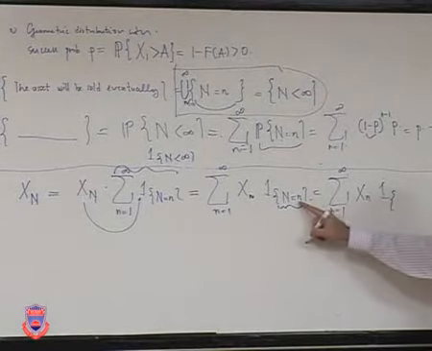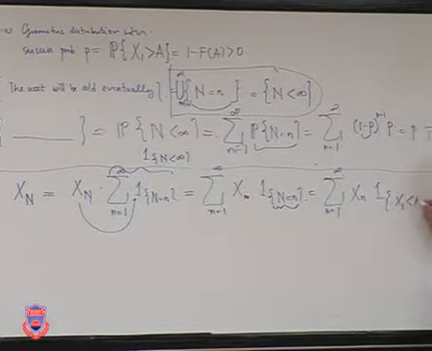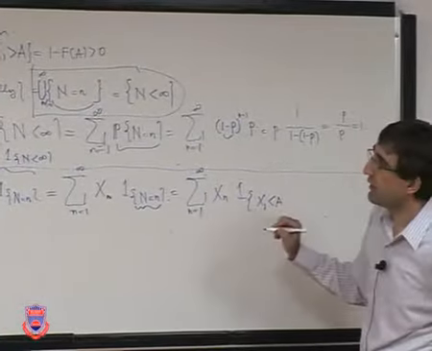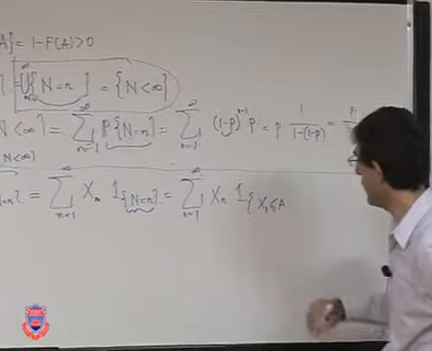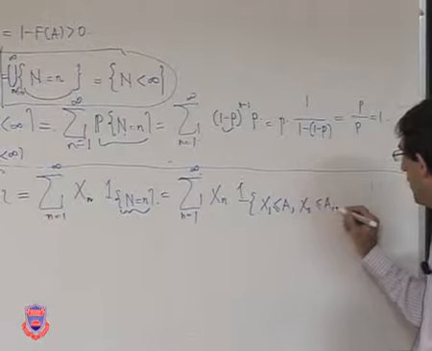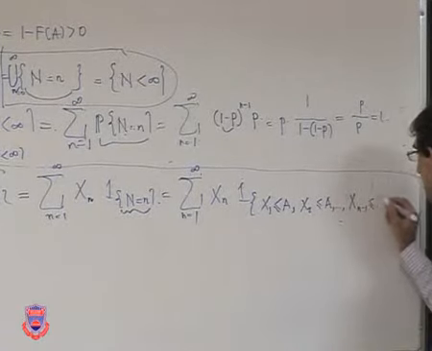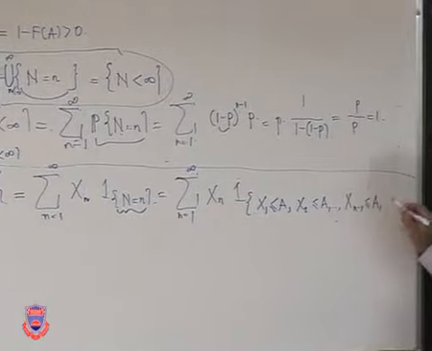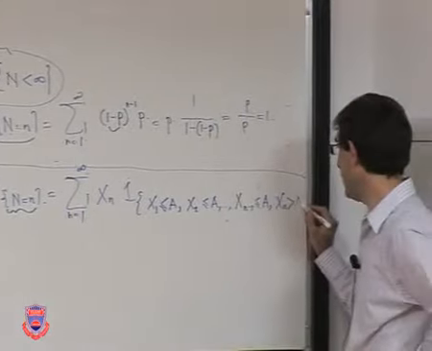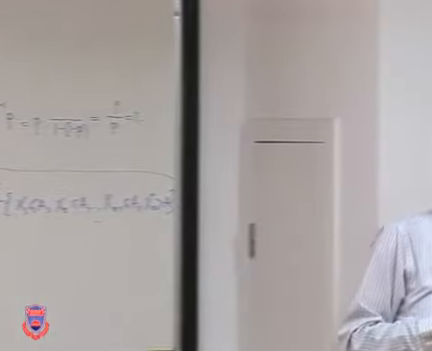So you sold it at time n because at time 1 the bid was less than or equal to a. At time 2, same thing happened. At time n minus 1, the bid was again less than or equal to a, but when time n comes, the bid turned out to be strictly greater than a, therefore you sold it.